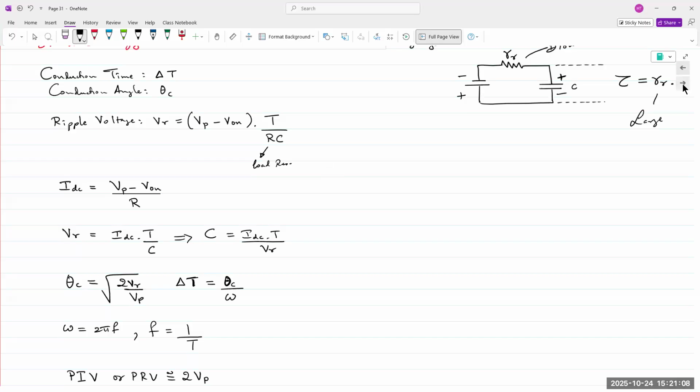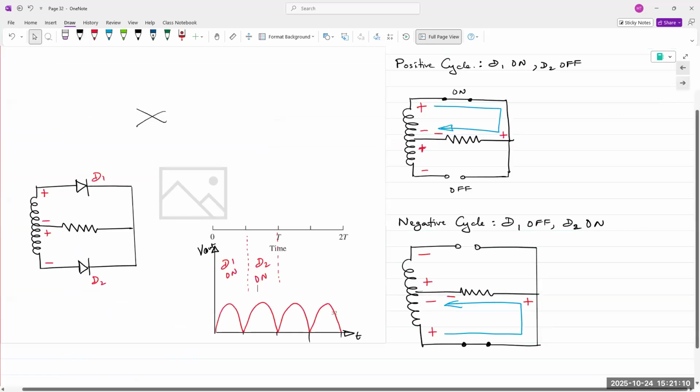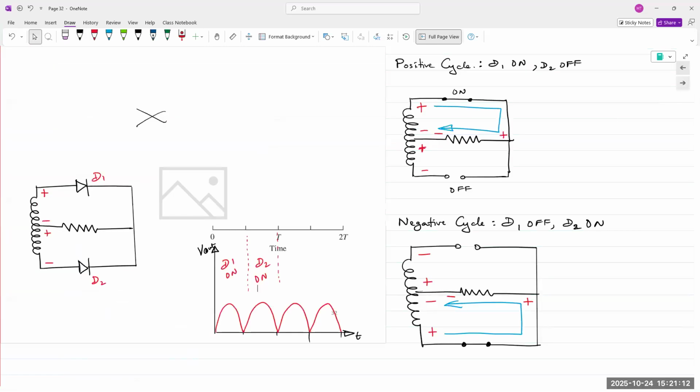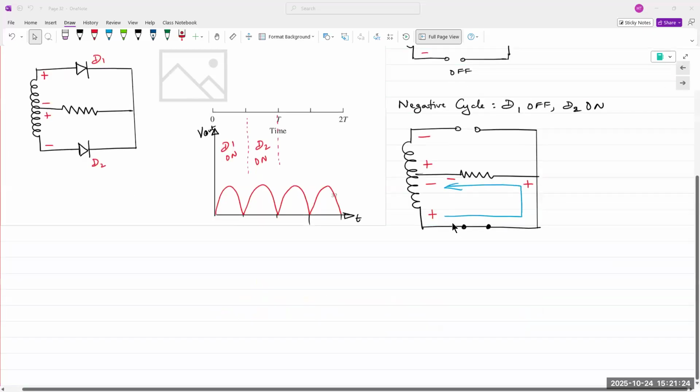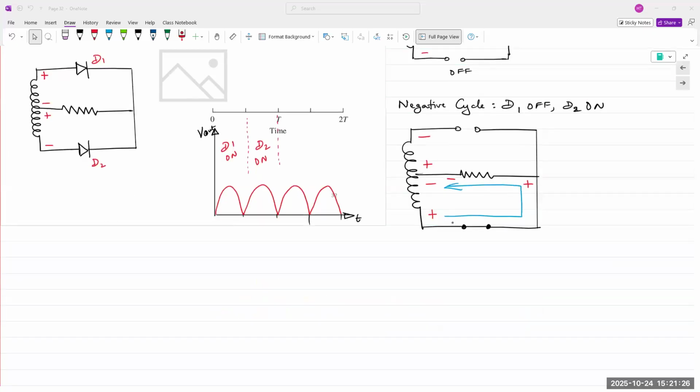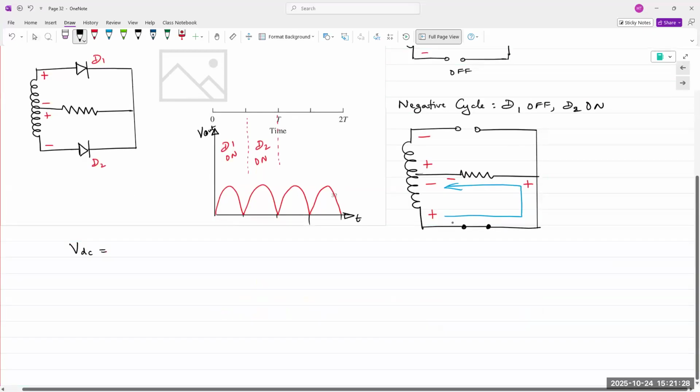Okay, let's see. Then the equations for center tap are still the same. VDC is VP minus V on. Still have one diode in each line. So in the center tap, my VDC can be given by VP minus V on.